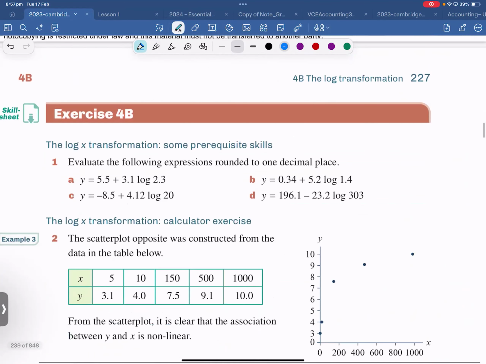Yeah, do question number 4. If you don't have the CAS, you can use even the normal calculator.